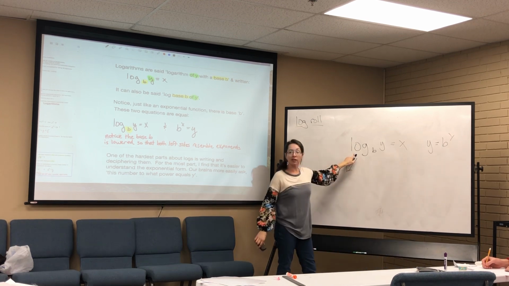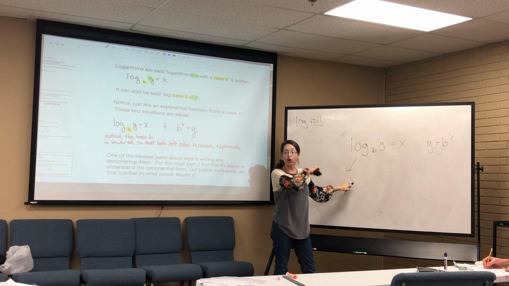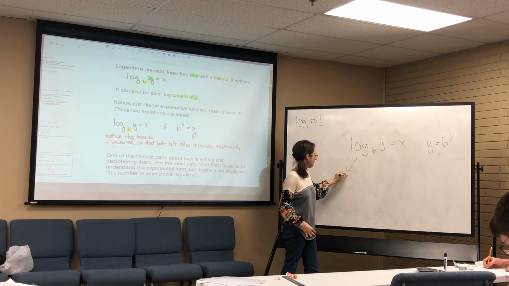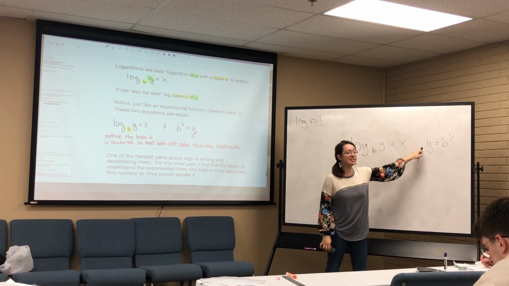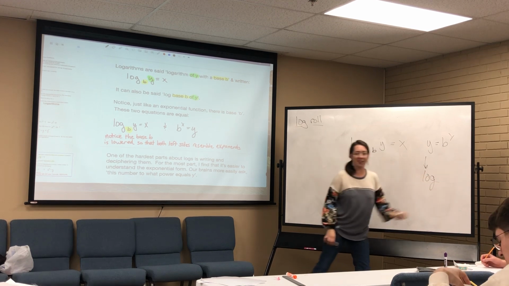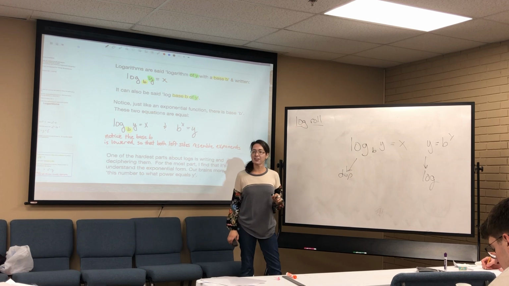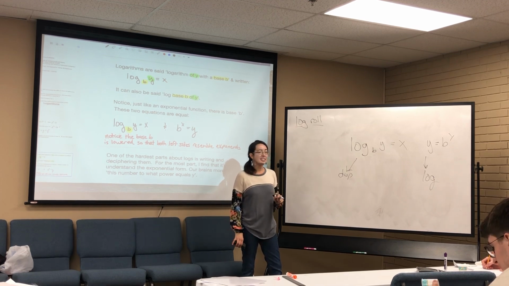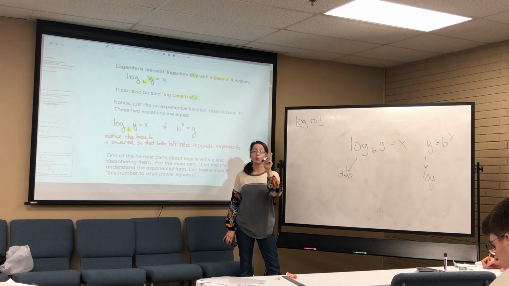If it started with log, you're going to drop the log. If it didn't start with log, you're going to write the word log. Everyone clear on step number 1? Okay. Step number 2 is you're going to write 3 blank lines.